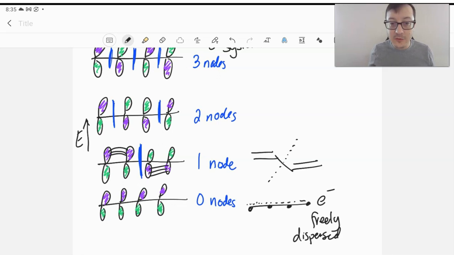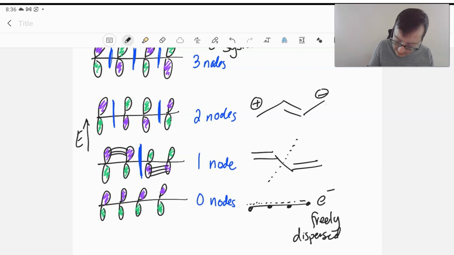And interesting, though, if we look at the 2 nodes example, what that looks like is something that we might consider a resonance form of butadiene, where we have now a double bond in the middle, where those 2 purples can overlap with each other.